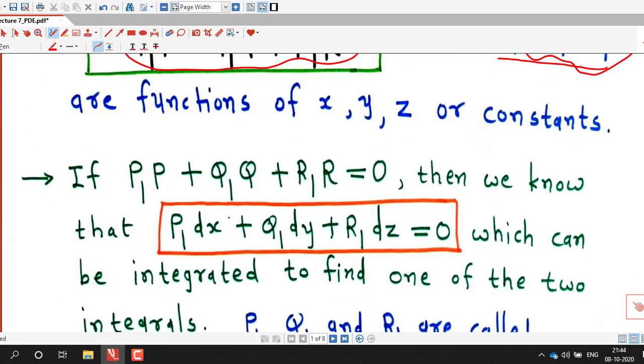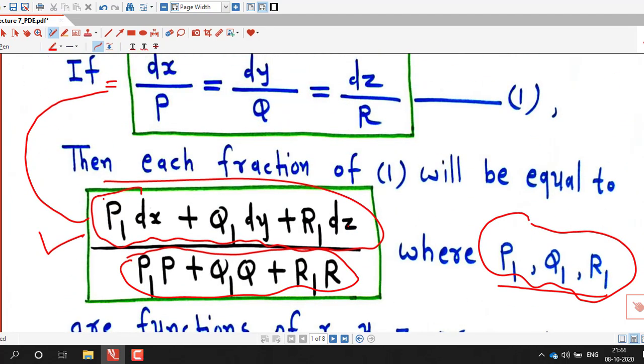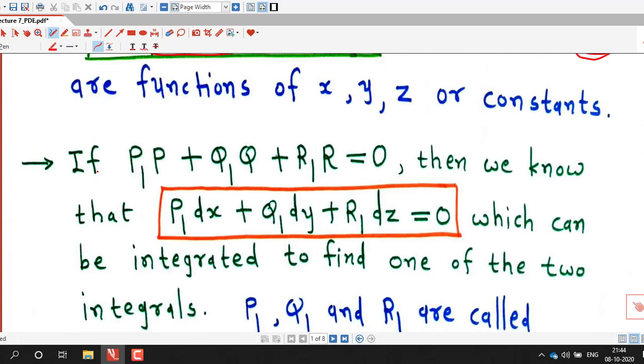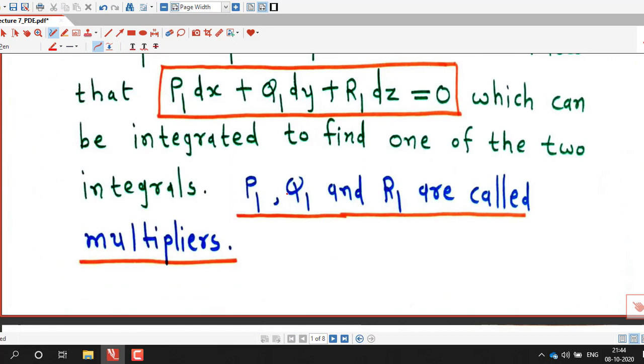So if p1 into p plus q1 into q plus r1 into r equal to 0, then we know that p1 dx plus q1 dy plus r1 dz equal to 0, which can be integrated to find one of the two integrals. Similarly, we can select another set of multipliers in such a way that the denominator becomes 0, and then we can find another integral of Lagrange auxiliary equations. So this p1, q1, r1 are called multipliers.